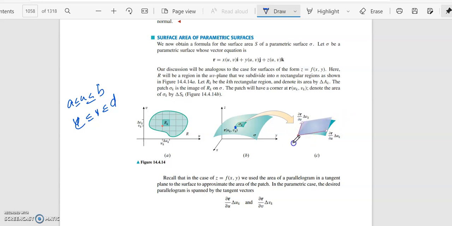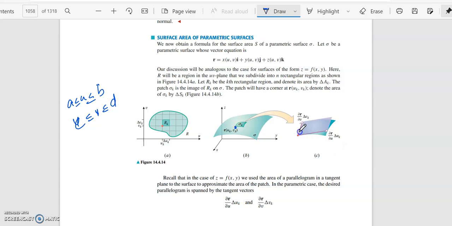Now we can find the corresponding area on the tangent plane. So here you will have a parallelogram. For the parallelogram, the area is given by the absolute value of the cross product of these two vectors. These will be the derivatives with respect to u and v, the partial derivatives at that point.